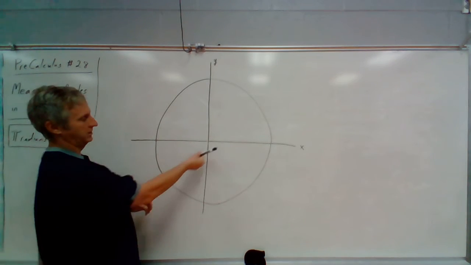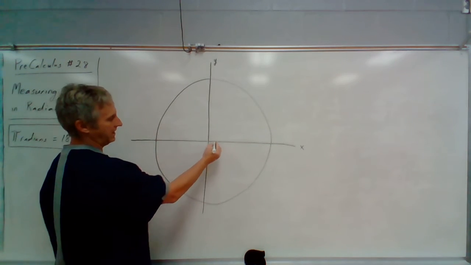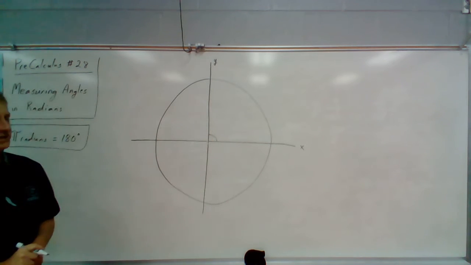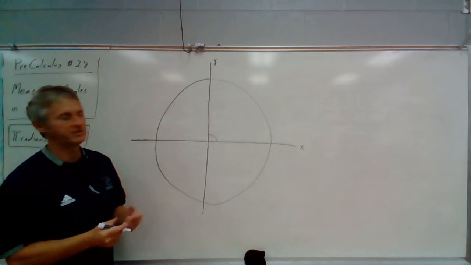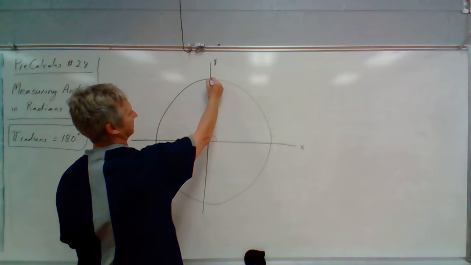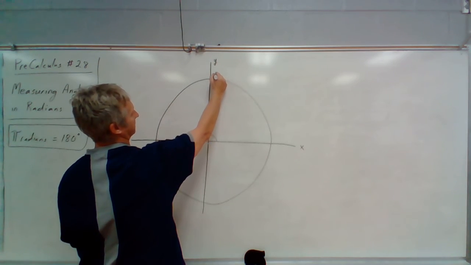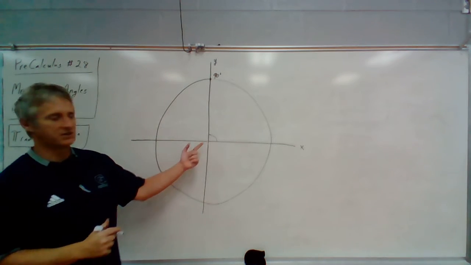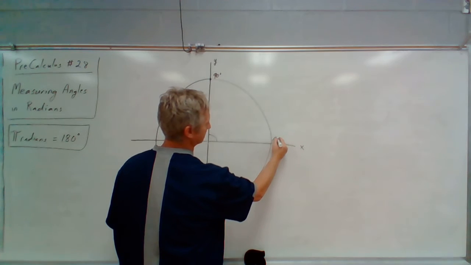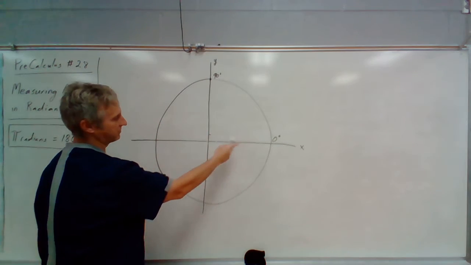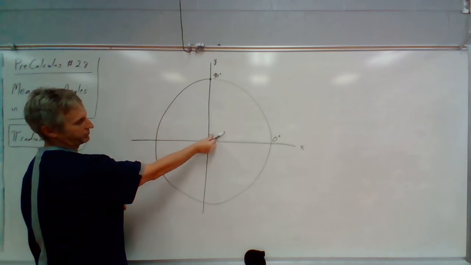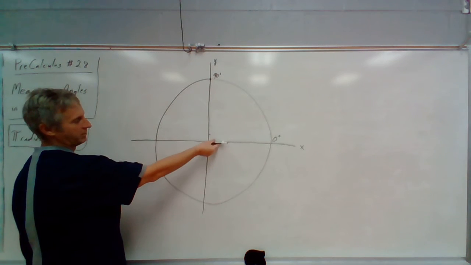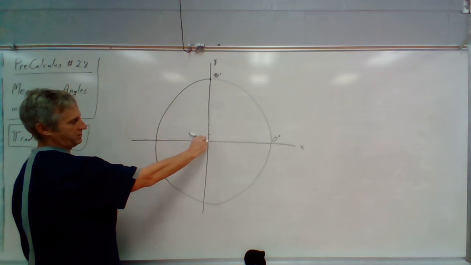If we start here and we measure this angle, how many degrees would that be? That would be 90 degrees. We started here at 0 degrees, and we rotated around 90 degrees right here. What if we rotate all the way to here?